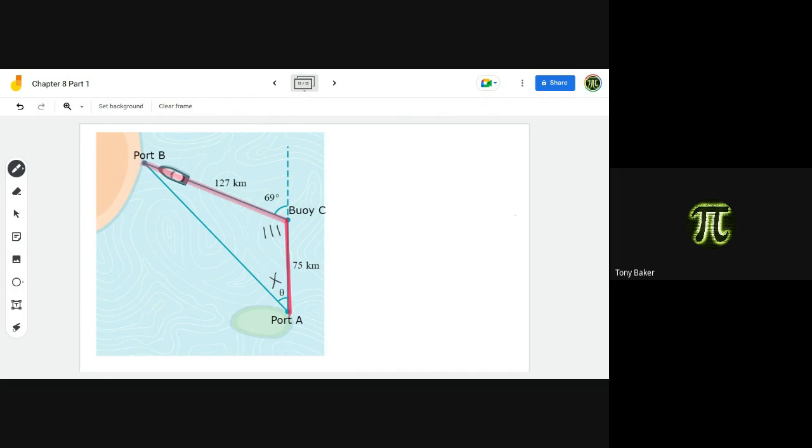That's right, that's right for C. Is there another answer that would work? Remember, whenever I have side-side-angle, which in this case I do, you could possibly have two.